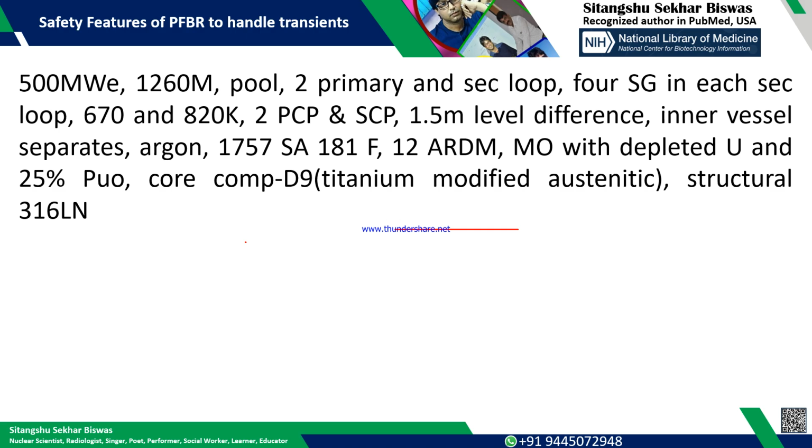The inner vessel separates the hot and the cold pool. The empty volume at the top of the sodium pool inside the reactor is blanketed with inert argon gas, and there are around 1757 sub-assemblies, among which 181 are fuel sub-assemblies.